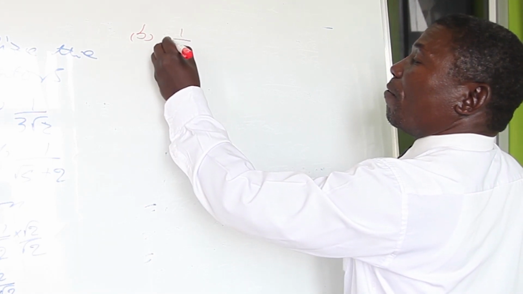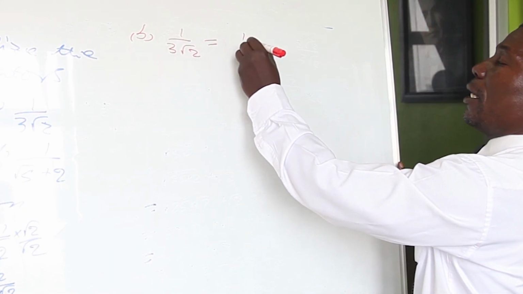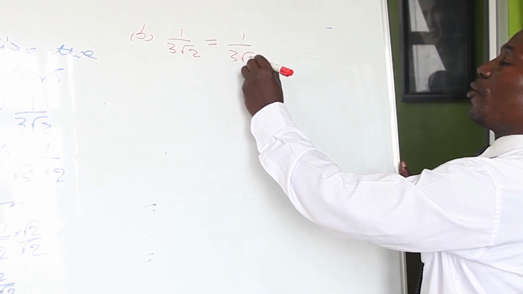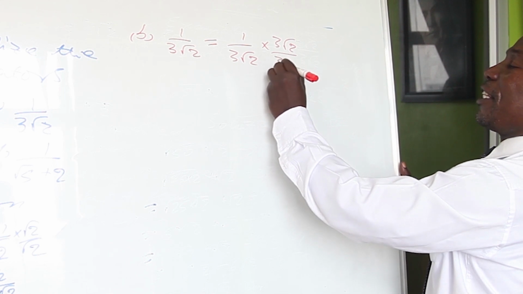B is 1 over 3 root 2. This is 1 over 3 root 2 times root 2 over root 2.